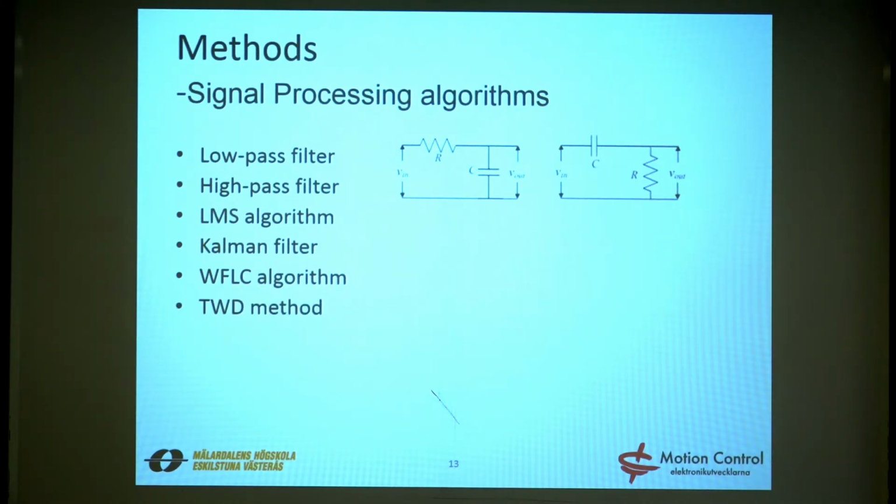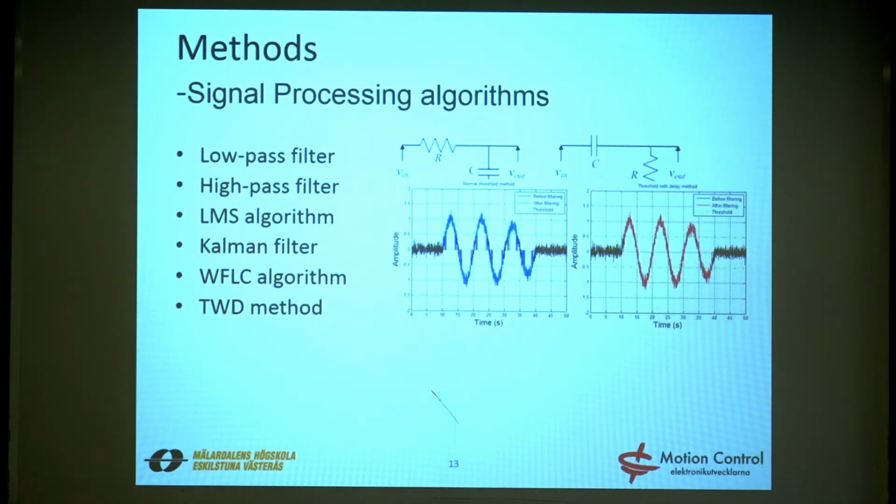A novel method like threshold with delay, TWD method, was designed according to the normal threshold method. We can see in the figure, this is a measured movement, simulated MEMS gyroscope signal, and the blue curve is the normal threshold method, and the red curve is the result with the TWD method.